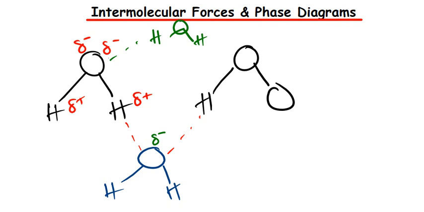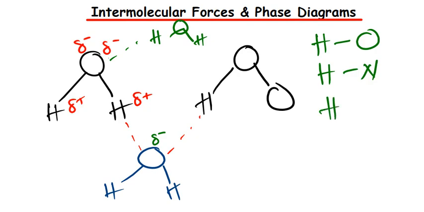Now some specific or special dipole to dipole interactions are what we call hydrogen bonding. The specificities of hydrogen bonding: hydrogen connected to oxygen, hydrogen connected to nitrogen, hydrogen connected to fluorine.